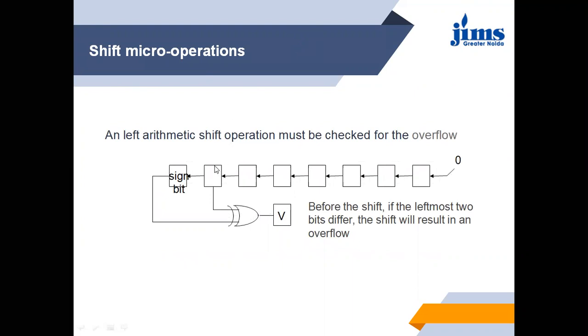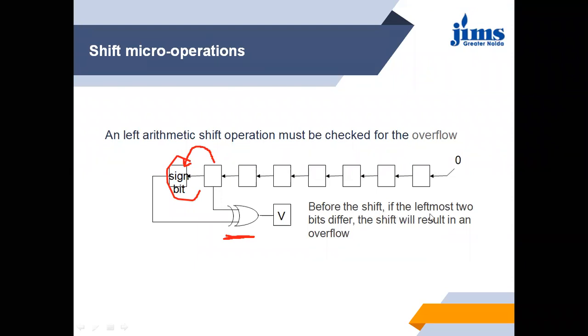Then in the last bit, that is the sign bit, and in the second last bit, we will perform an XOR operation. If the values of these two are the same, or if the values of these two are different, then it will depend on that.